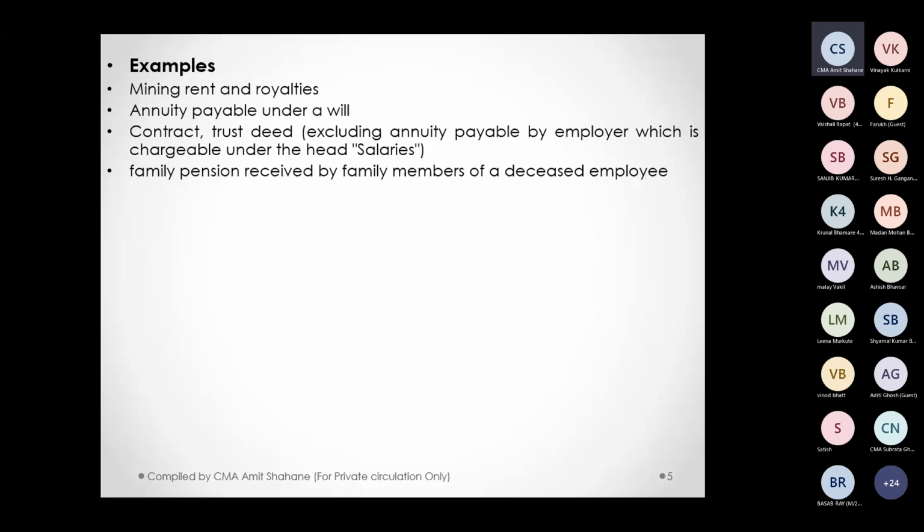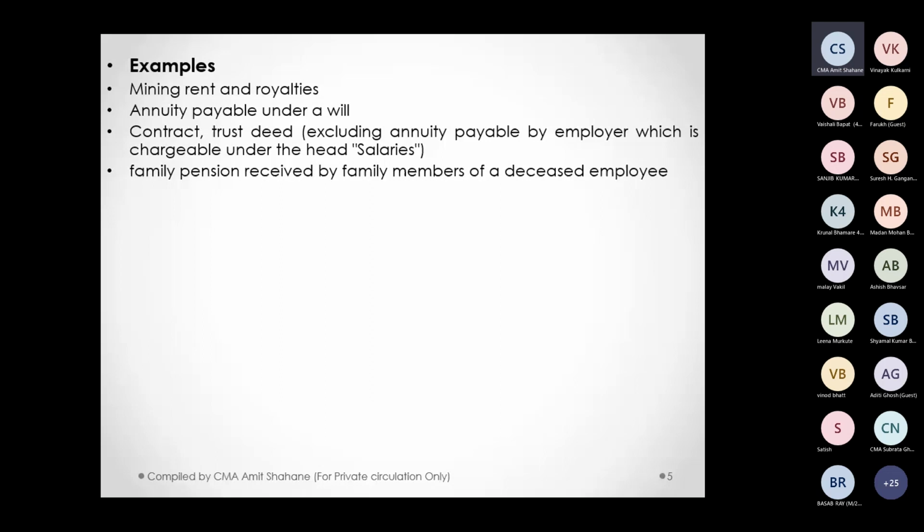Now, the next point is family pension received by family members of a deceased employee. Again, there is a difference between pension received by the family and pension received by that employee. Let me touch upon the concept in salary. What is chargeable under salary?